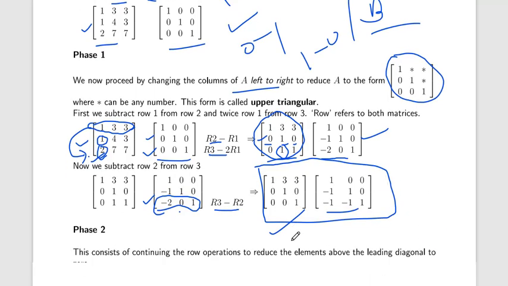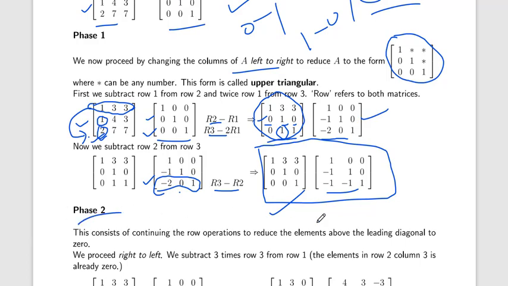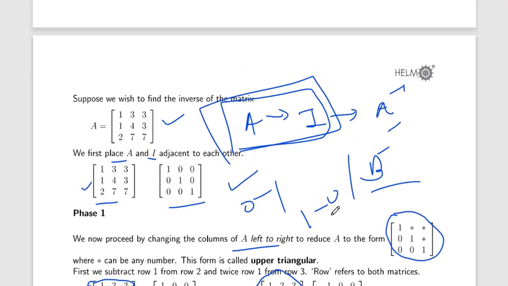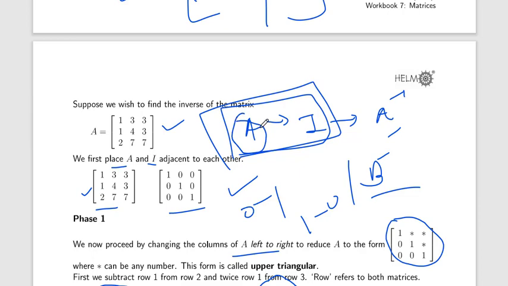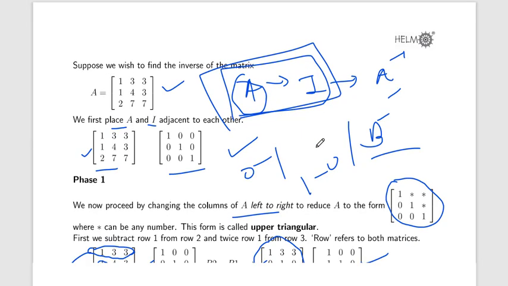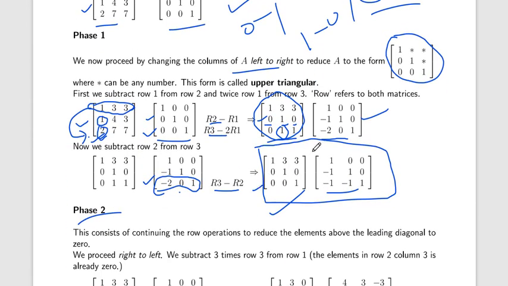Now the second phase. As I said earlier, we want to transform this matrix into the identity matrix. This is the upper triangle, so now we will transform it into the identity matrix. We want to transform these two values into 0. How do we do that?